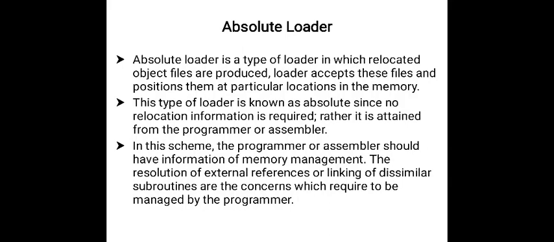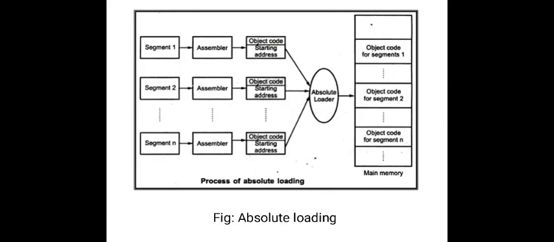There are also a few concerns which anybody who is understanding the absolute loader should take care of. The resolution of external references or linking of dissimilar subroutines are the important concerns which require to be managed by the programmer. With this introduction, let us understand the same thing in the form of a diagram.